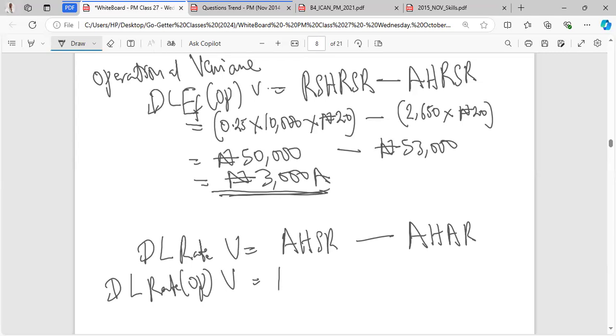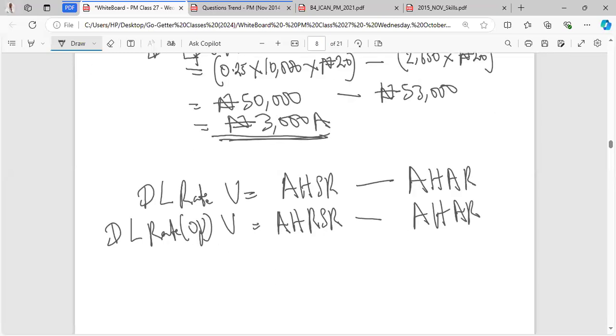So this is actual hours at the revised standard rate, which is exactly what we have here that gave us 53,000 minus actual hours actual rate. We've calculated this before, and this gave us 53,000.